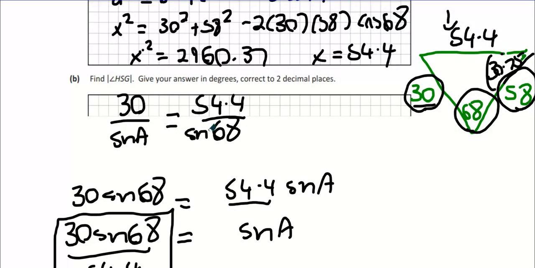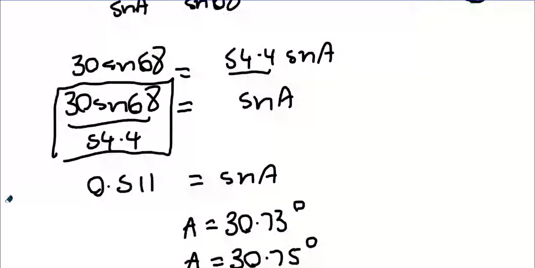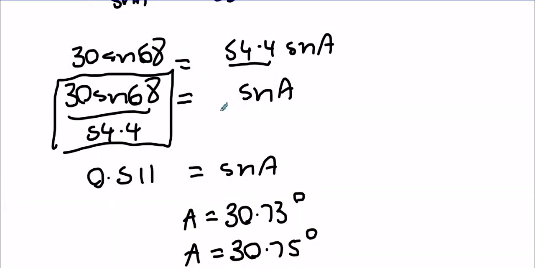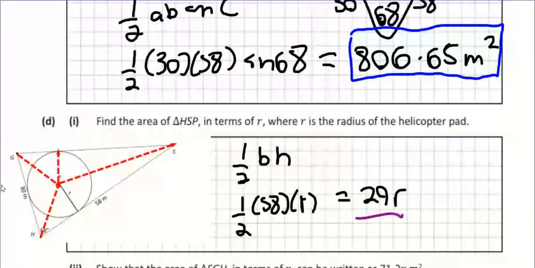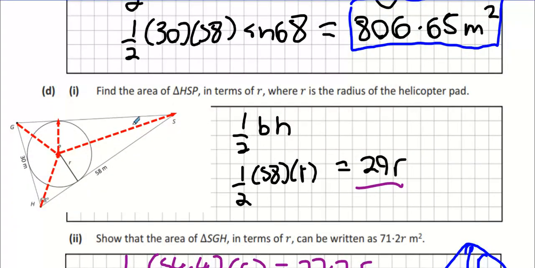What we're going to do is go back to the beginning and remember the angle HSG. HSG was 30.75, okay? So that brings me to this diagram here. So this whole angle is 30.75.